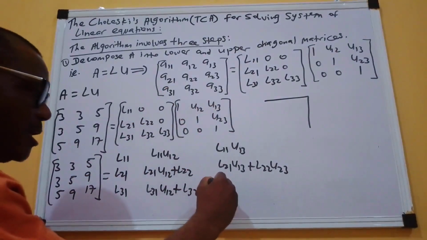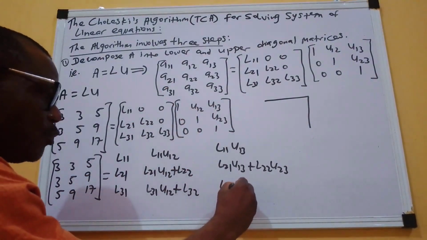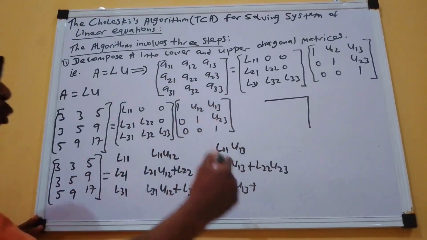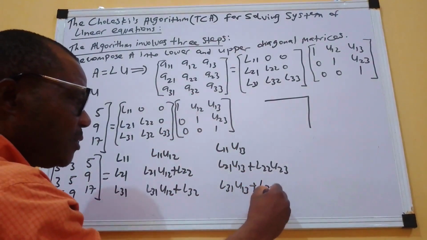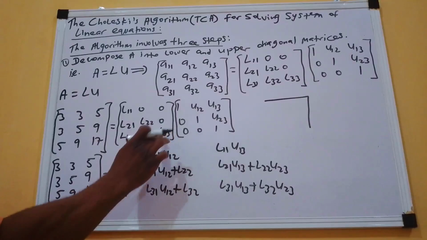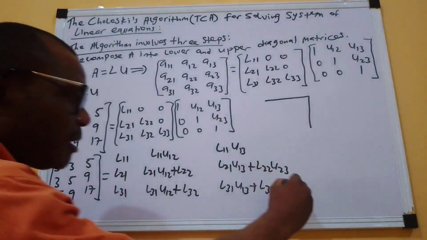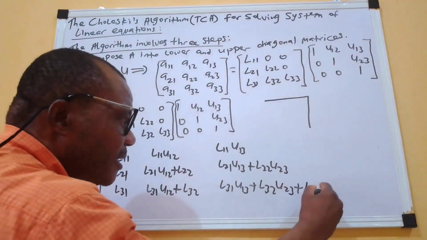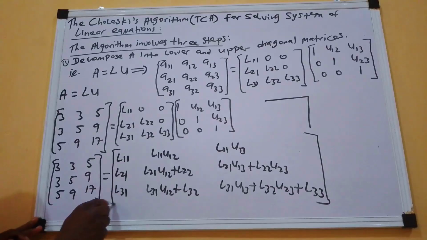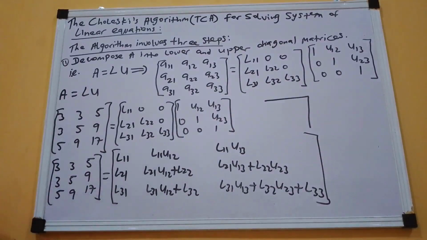L31 times U13, it will be L31 U13, plus L32 U23, then plus L33 times 1, it should just be plus L33. Then this is what you are going to have. It's a 3 by 3 matrix.